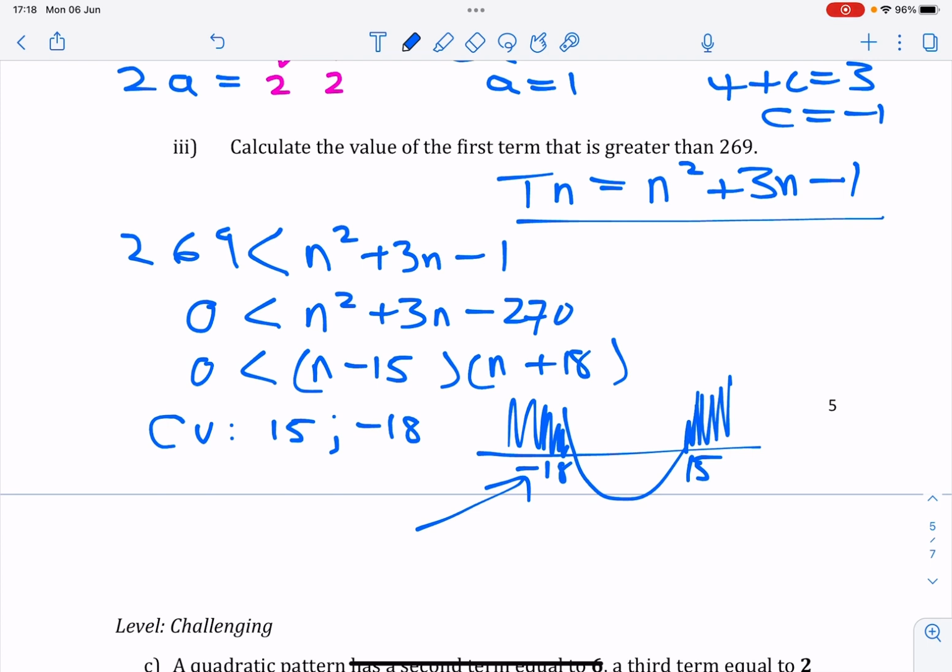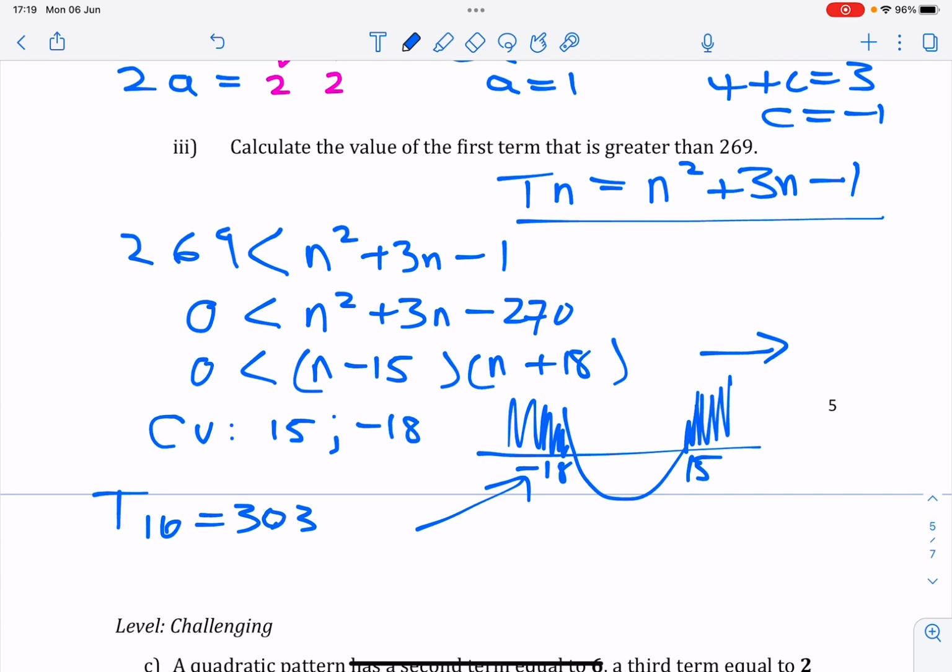So from 15 onwards is going to give us term values greater than 269, but they want that first term. So the 15th term won't do it, but the 16th term will. So T16 is equal to, and you can sub in 16 into n's place, and you should get 303.